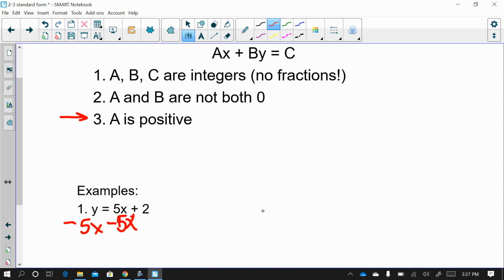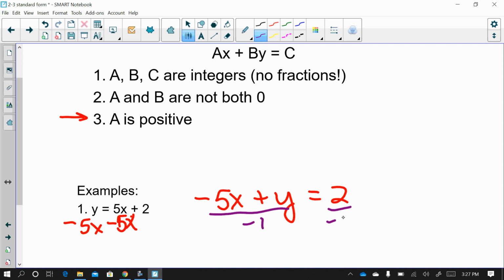Negative 5x plus y equals 2. Now, remember, a has to be positive, and a is negative. So all I'm going to do is divide everything by negative 1. So I get positive 5x, change the sign here, minus y equals, change the sign here, negative 2. That is standard form.